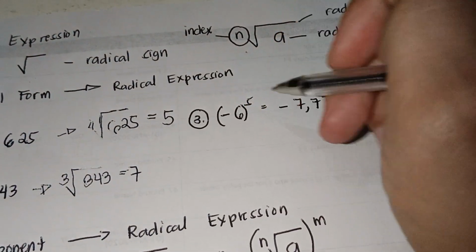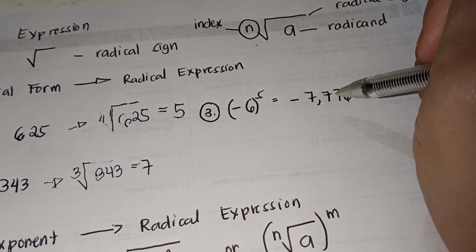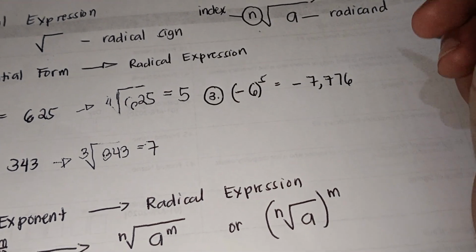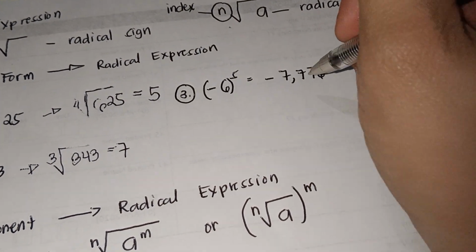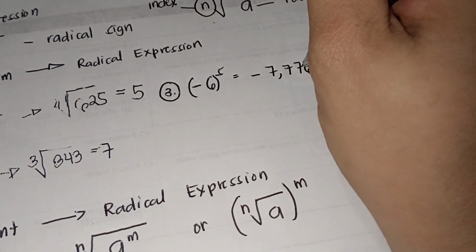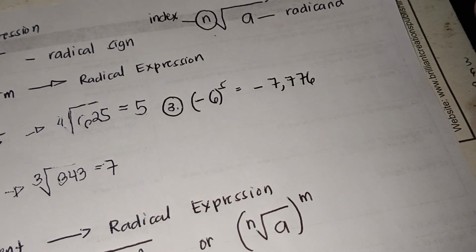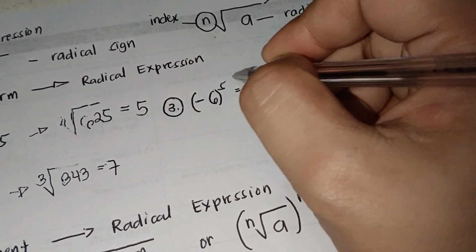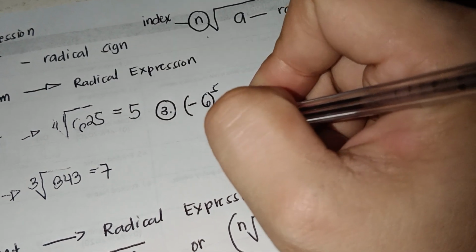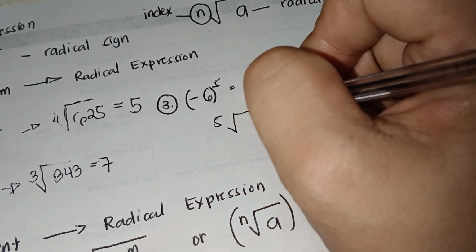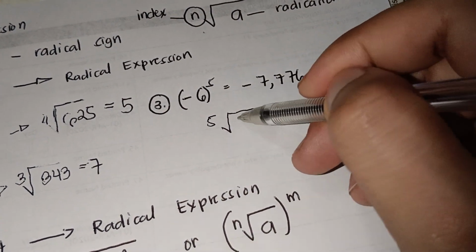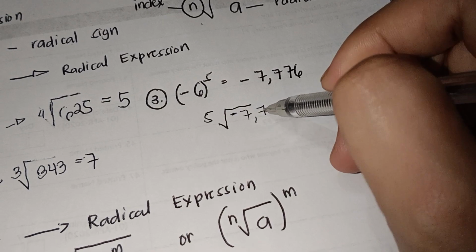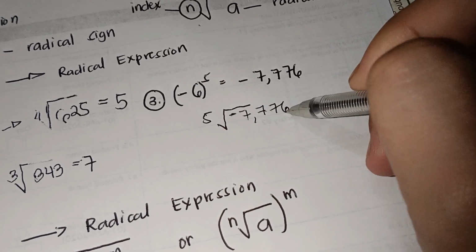Next, we have number 3. So number 3 naman po, we have negative 6 raised to 5th is equals to negative 7,776. In order for us to rewrite it, get first the exponent. So we have 5, then radical sign, then copy nyo po si negative 7,776.